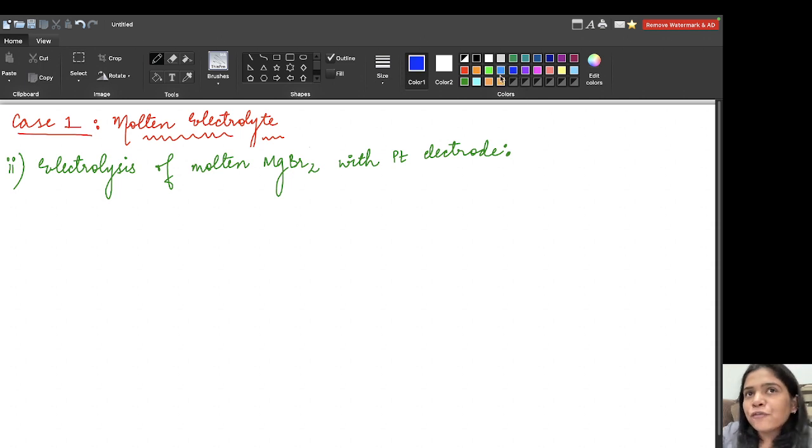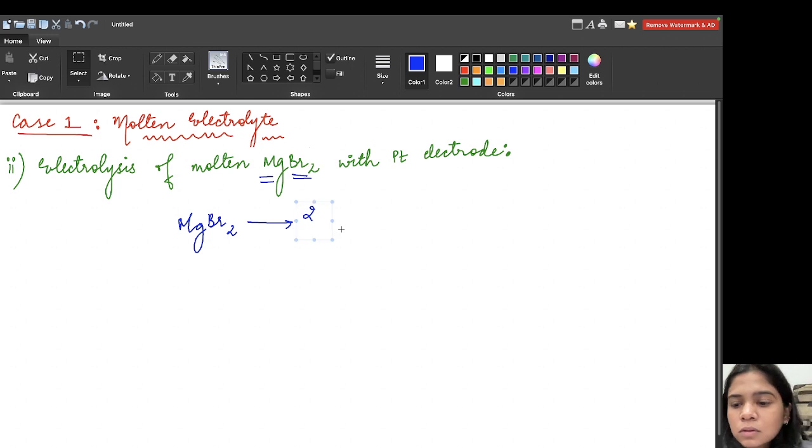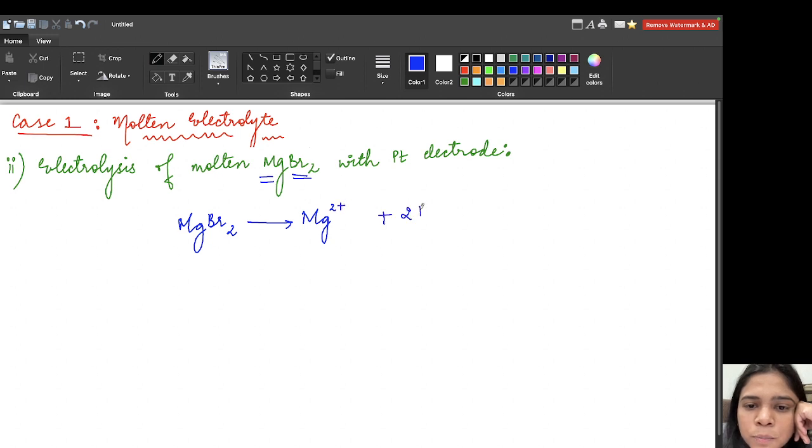Just identify how this electrolyte MgBr2 will break down. MgBr2 will break down as Mg2 plus and 2Br minus. So this is your cation, this is your anion. Cation goes to your cathode and this will go to your anode.